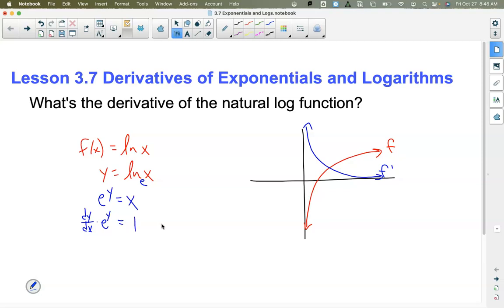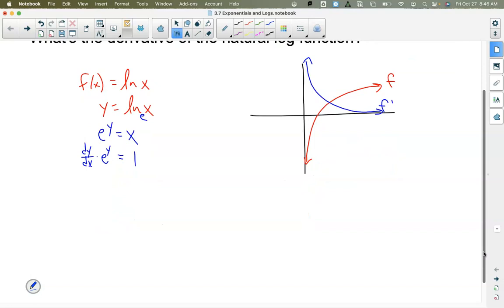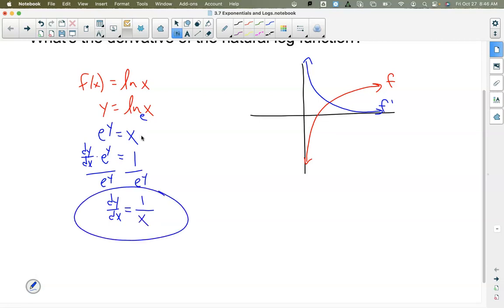Solve for dy dx by dividing by e to the y on both sides. So we have dy dx equals 1 over e to the y. But do I want my differentiation rule to have a y in it? No, I don't. But what do we know about e to the y? e to the y is x.